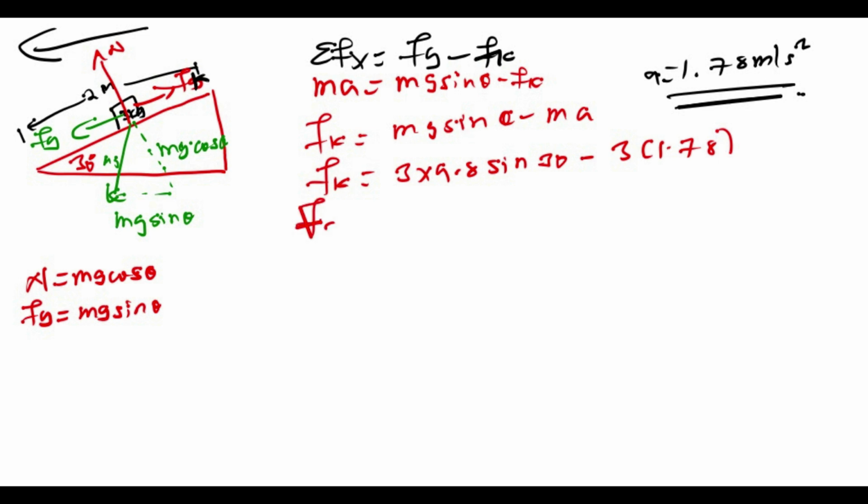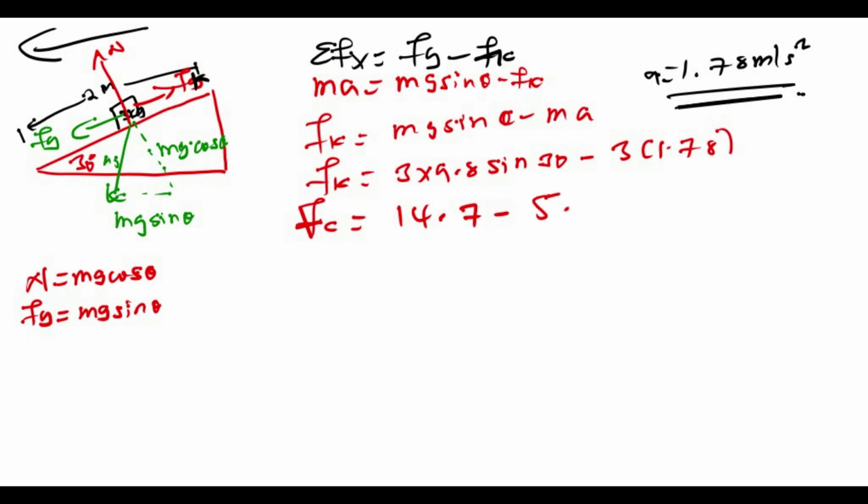So we have 9.8 times 3, which is 29.4. So we have 29.4 sine 30, I'm getting 14.7 minus 3 times 1.78, which is 5.34.